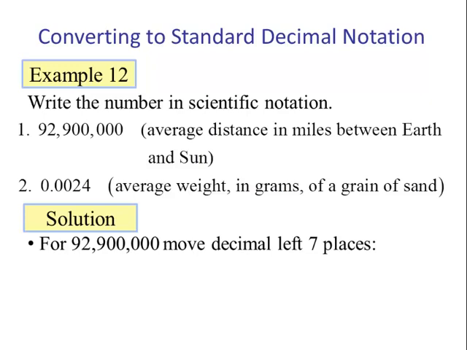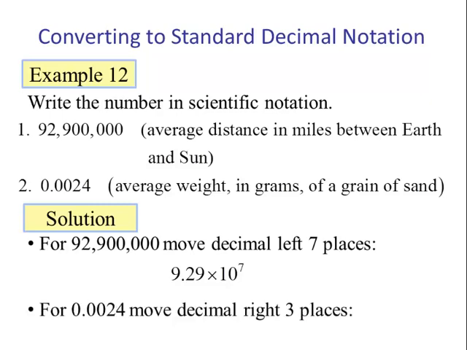For the first number, move the decimal 7 places to the left. 1, 2, 3, 4, 5, 6, 7. So our n is going to be 9.29, and our k is a positive 7. So the answer is 9.29 times 10 to the 7th.